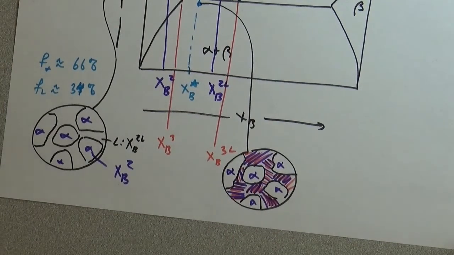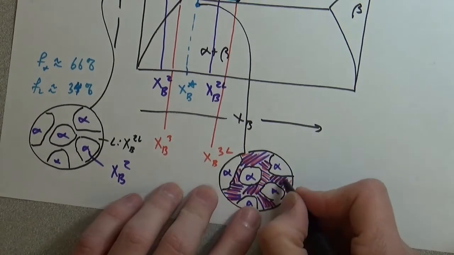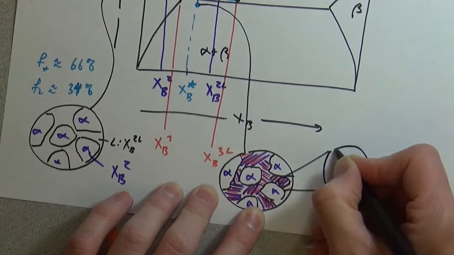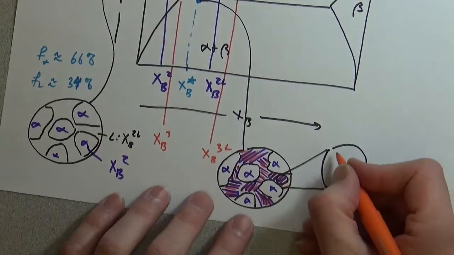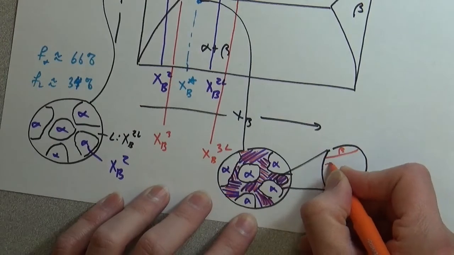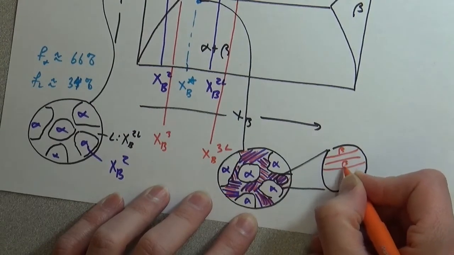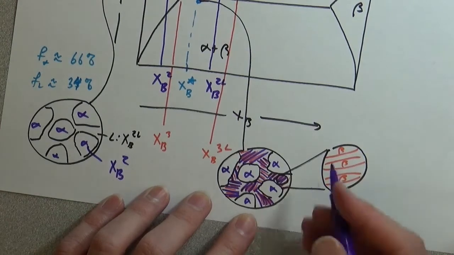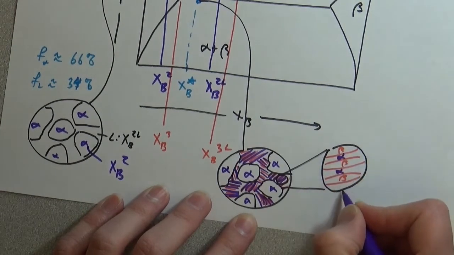And in that eutectic microstructure, we have beta and then we have alpha.